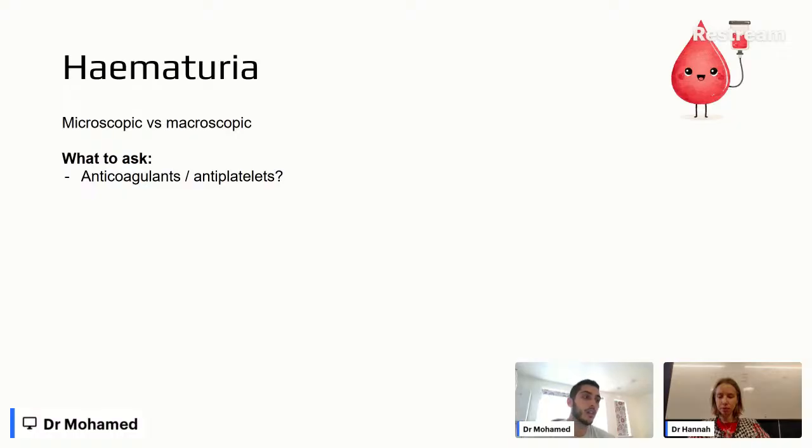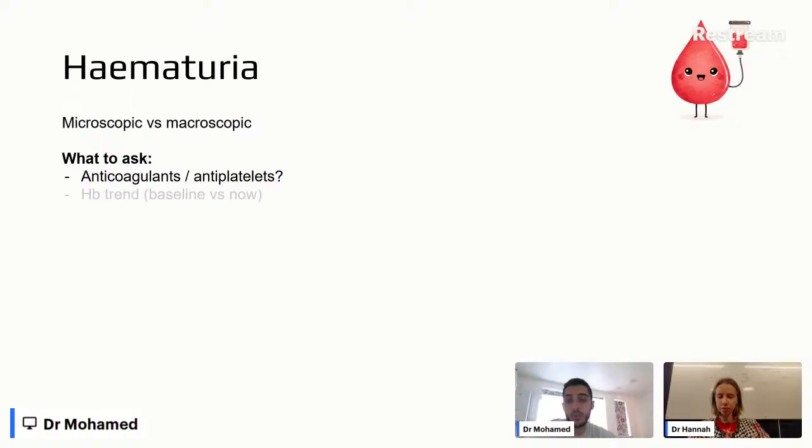It could be trauma following catheterization. It could be a UTI or cystitis, whatever it may be. But one obvious cause as well is the patient is on anticoagulation, and as we know, a risk factor for medications such as DOACs and warfarin and whatnot is bleeding, and that can sometimes be bleeding from the urinary tract. So ask them if they're on one of these.